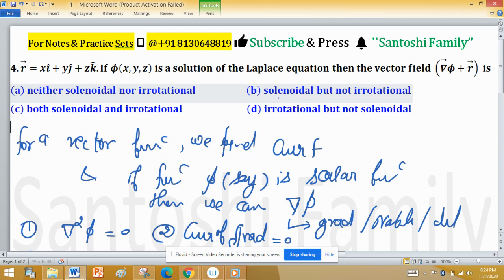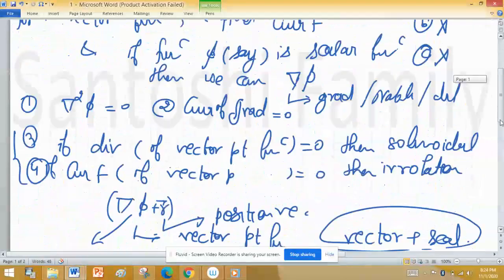Option B is saying solenoidal, so option B is discarded here. And option C, both solenoidal and irrotational, is also discarded here. Now we have to check options A and D, and compute whether it is irrotational.